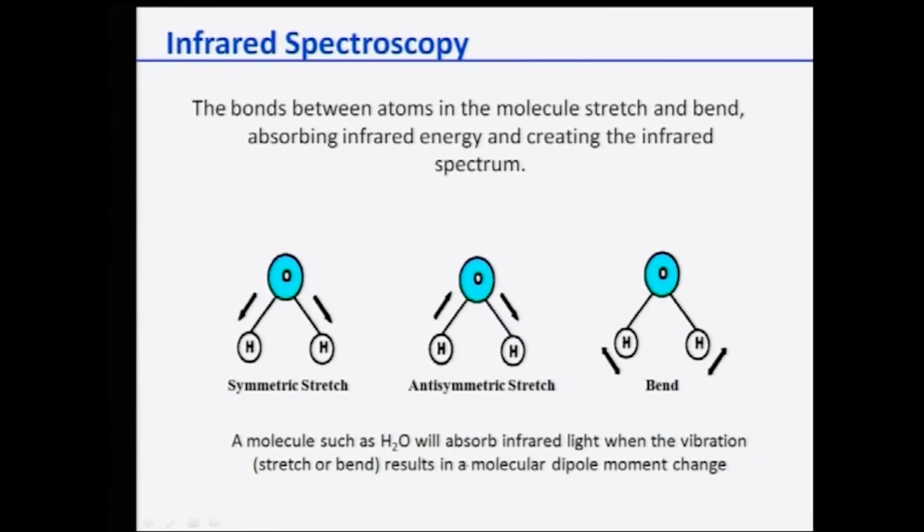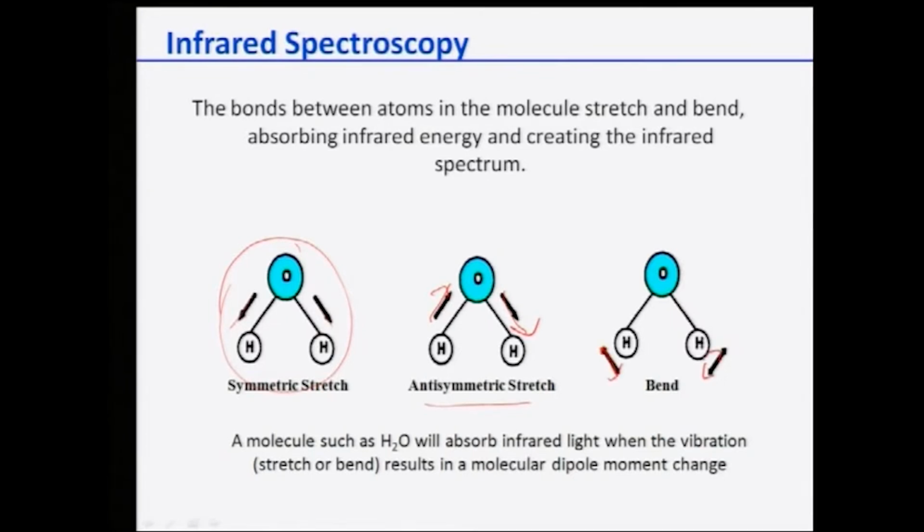To give you some idea, this is called symmetric stretch. I will show you some nice videos. Symmetric stretch means, suppose you have oxygen with two hydrogen atoms, like a water molecule, there will be a symmetric stretch in these two oxygen-hydrogen bonds. You can also have an asymmetric stretch, shown by arrows in different directions, or you can have a bend, where the hydrogen atoms vibrate a little bit this way.